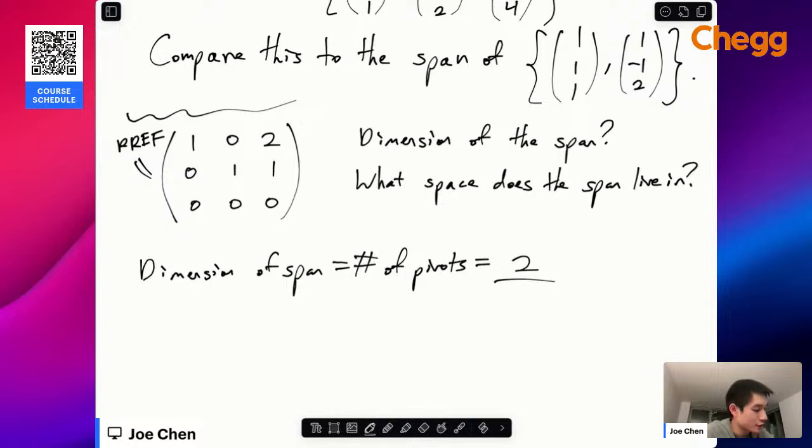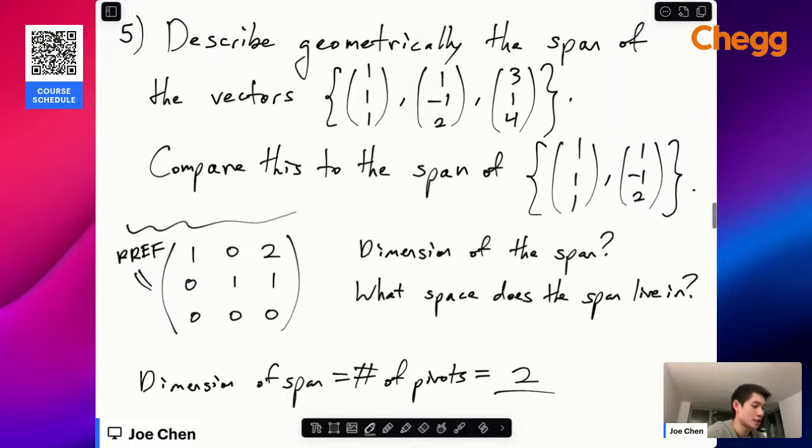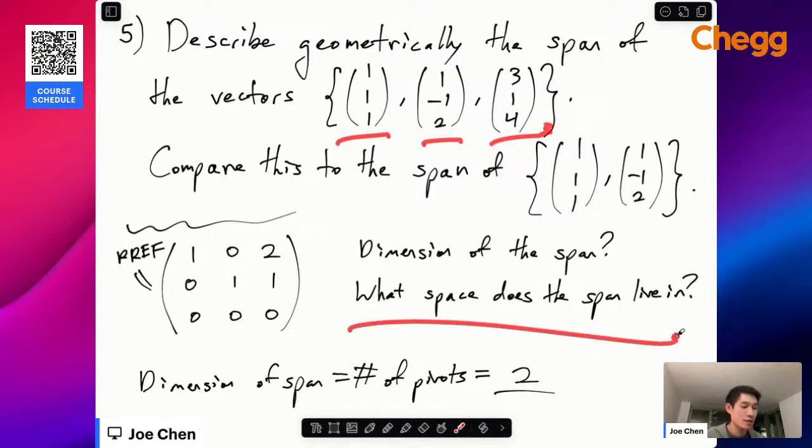And then, recall what I said about what space the span lives in? First of all, the span is by definition the combination of the vectors that you're asked to find the span of. My trick for always getting the space that the span lives in is to take a single vector from the span and see how many entries it has.